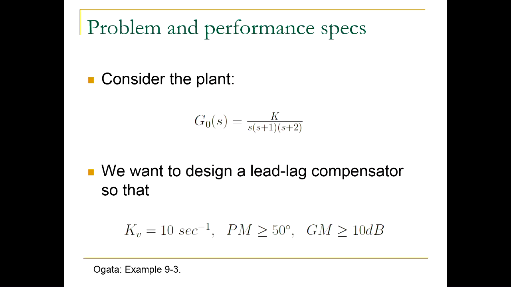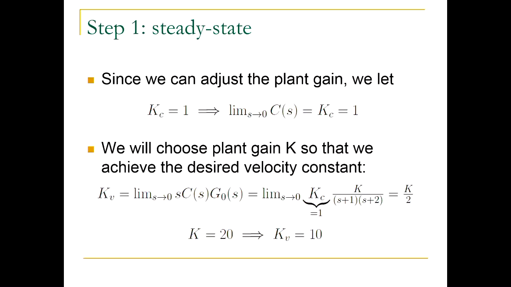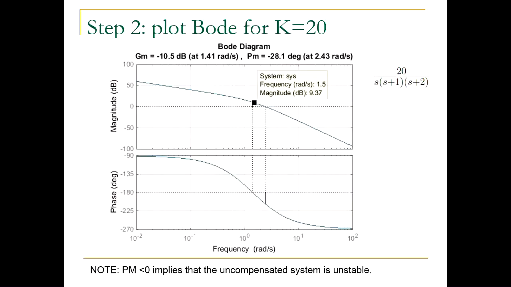But in our case, phase margin is negative and gain margin is negative, right? So we need to work quite a bit hard to get these to be positive and above these lower bounds. We need to lift phase margin by 78 degrees, and we need to improve gain margin by roughly 20 decibels, to achieve what we set out in the specifications.